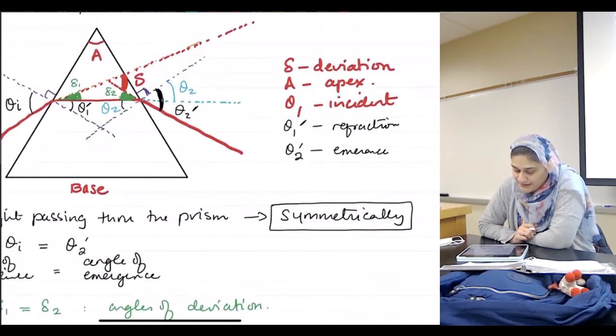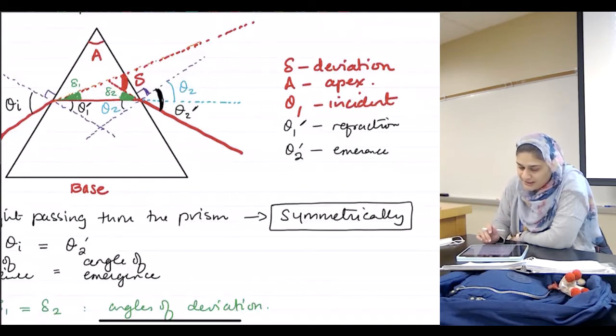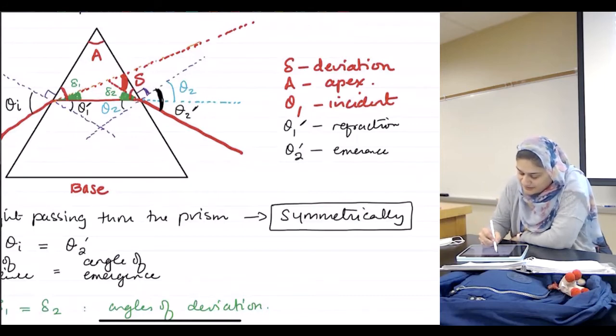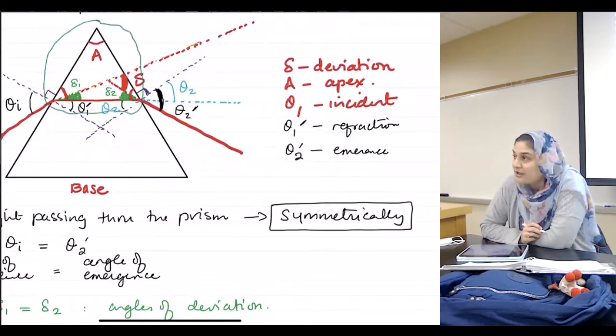If you stare at this triangle, can you write the sum of the angles, this one and that one? So if I just take this triangle here, I'm going to try to redraw this triangle in the green.